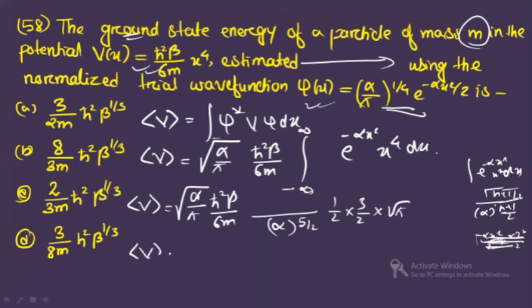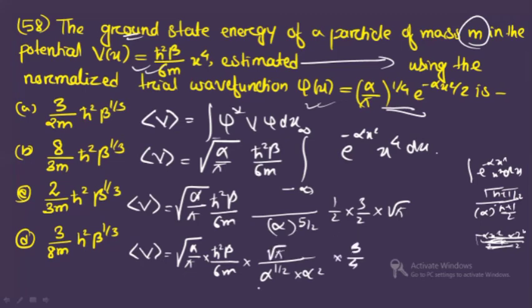So average of V can be written as what? Root over alpha by pi, h cut square beta by 6m, right? Now alpha to the power 5 by 2 can be written as alpha to the power 1 by 2 into alpha square, right? This is what? Root over pi, and here you are having into 3 by 4.